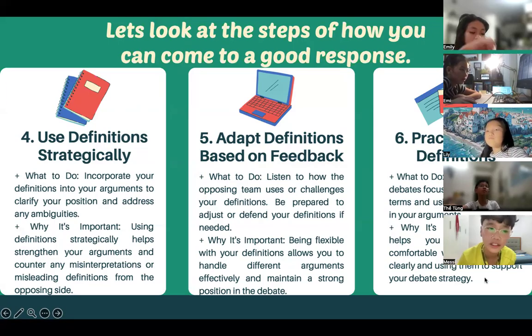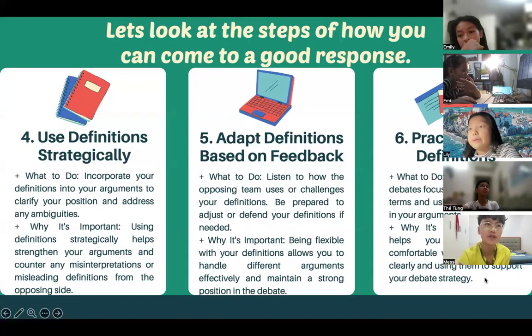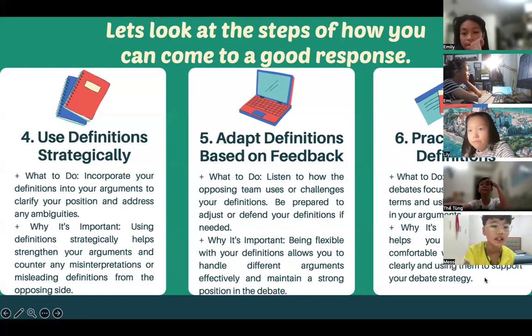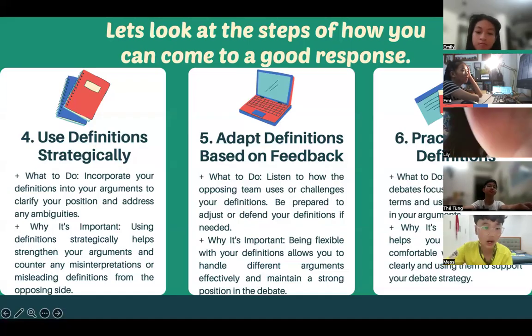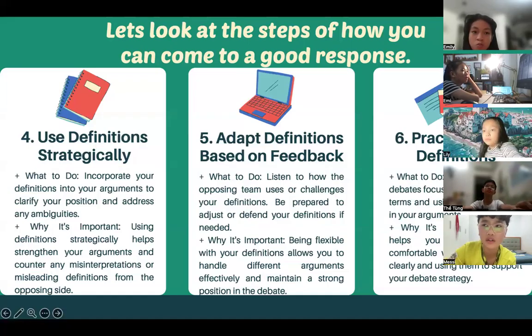Excellent. Thank you, Lily. Okay, this means that you need to use the definition in the right way. How it can link to your argument, how it can link to the other side's argument, and why is it important. You need to prove why it is relevant, why it is crucial, why it is appropriate. So that is what number 4 means.